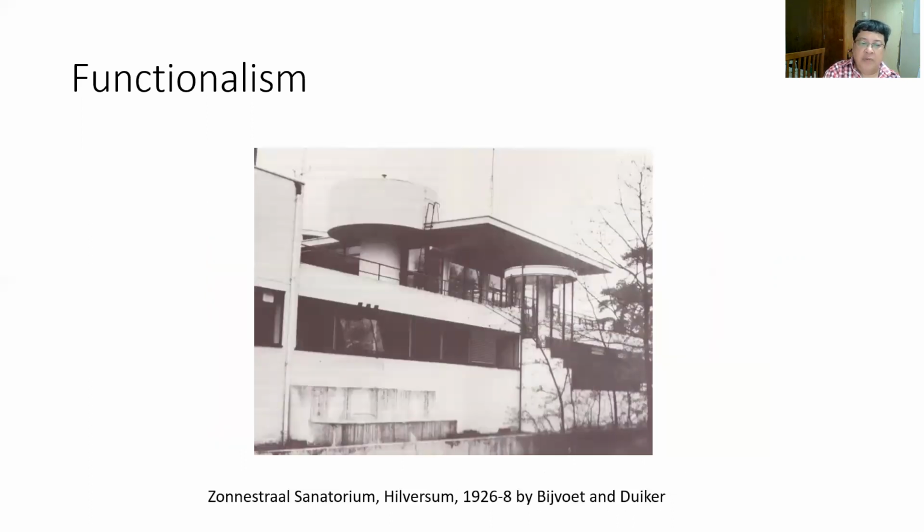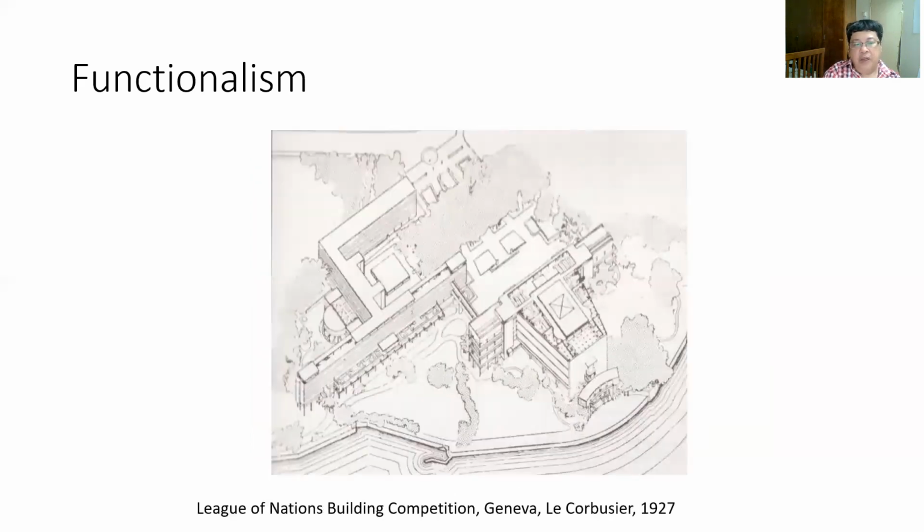A sanatorium by Bijvoet and Duiker in 1926 and 8. Functionalists. So you can still see international style in functionalists or functionalism. The League of Nations building competition, but it's more pronounced in terms of the form follows the function, yeah?